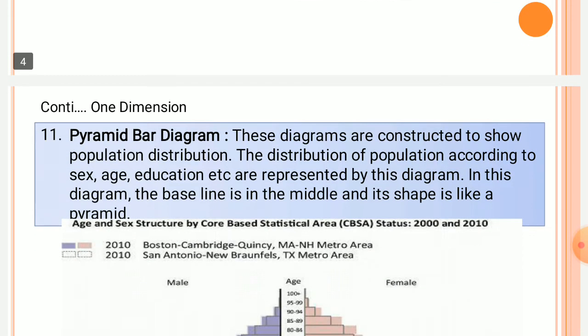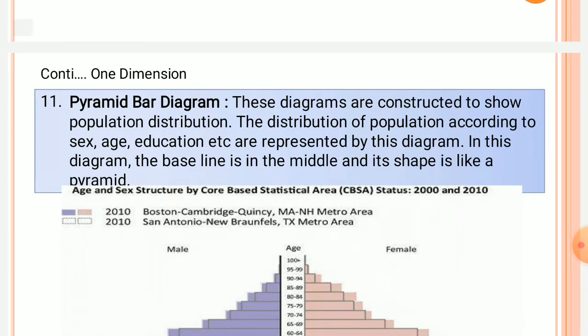Another type of diagram is the pyramid bar diagram. These diagrams are constructed to show the population distribution according to sex, age, education, etc. In this diagram the baseline is in the middle and its shape is like a pyramid.